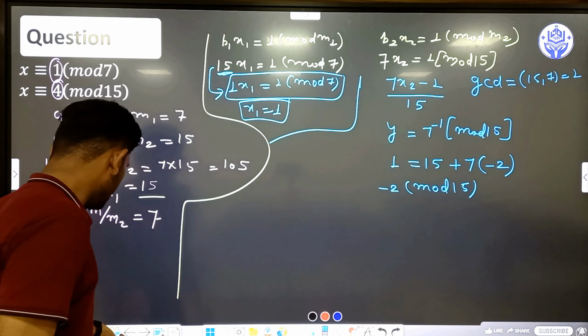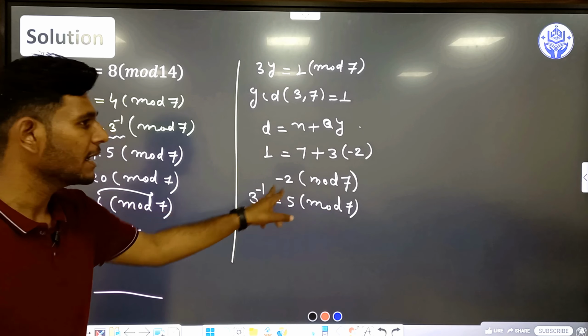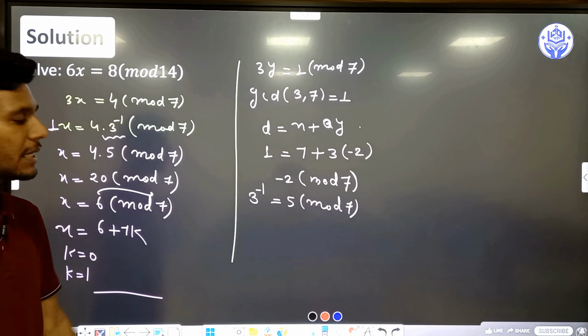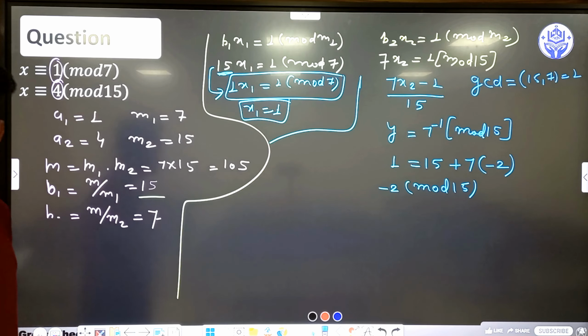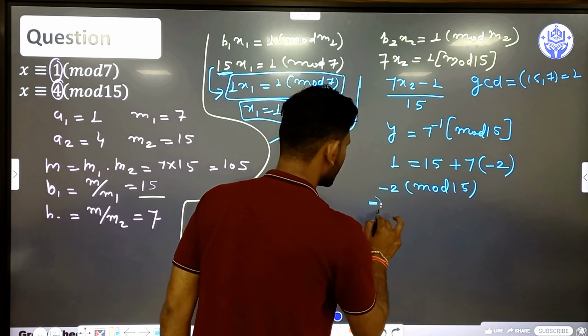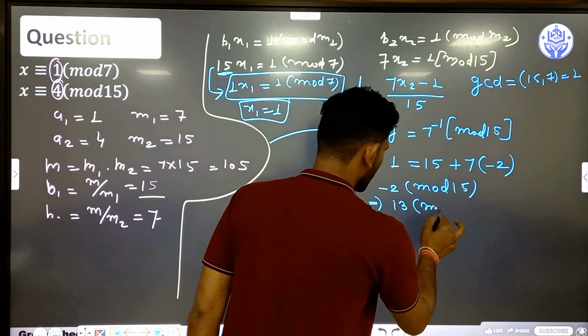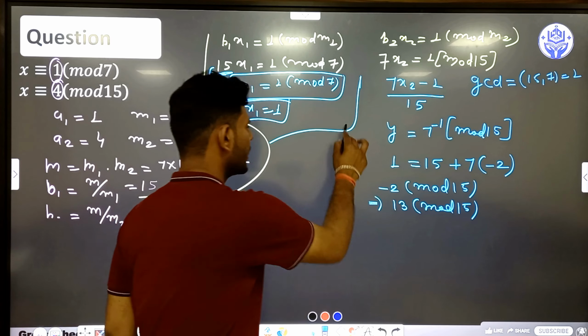Now just see what I have done. If it is minus 2 mod 7, then 7 minus 2 is 5. And here it is minus 2 mod 15, which is nothing but 13 mod 15. This is one way you can find it.